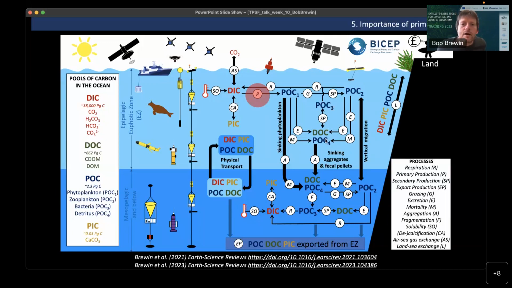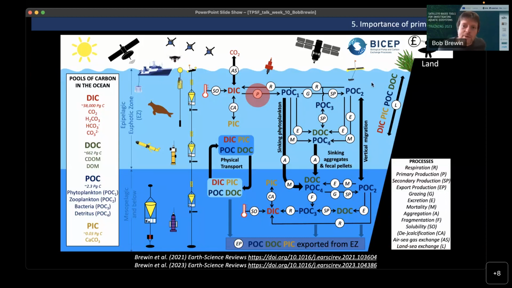There are DOCs being produced through bacterial remineralization, and some of this material is then sinking out of the surface layer, forming our export production, either directly by the phytoplankton or aggregating in the form of fecal pellets, for instance, by zooplankton, pooing out a lot of the material that's been eaten.